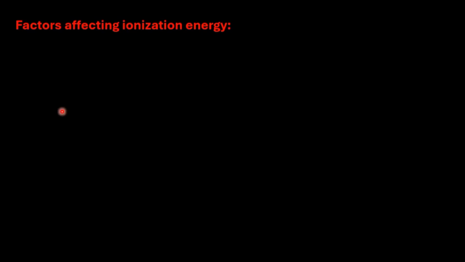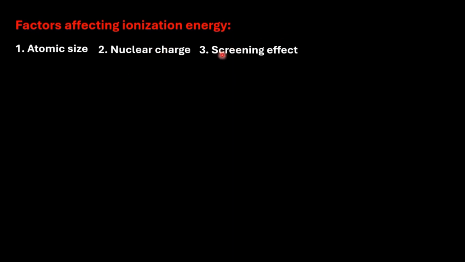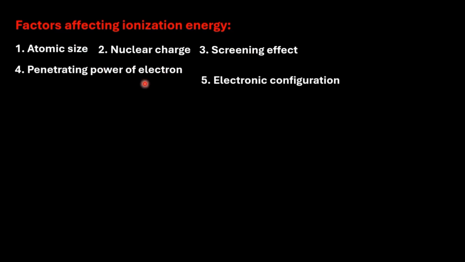Next, what are the factors which are the reason behind the different ionization enthalpy values? First, atomic size. Second, nuclear charge. Third, screening effect. The fourth we call the penetrating power of electrons, and the fifth, electronic configuration.